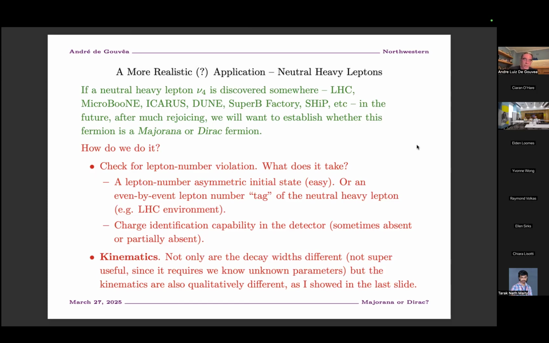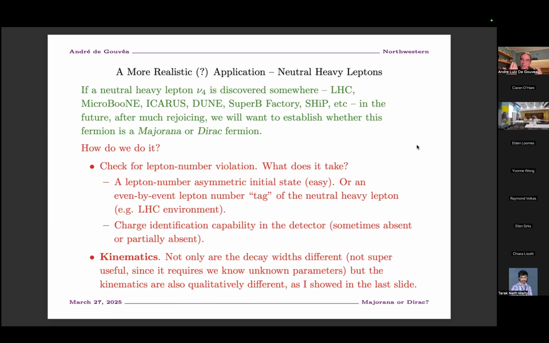As a lot of people know, looking for neutral heavy leptons is an interesting thing to do because it might have something to do with neutrino masses. It's a new particle that you can look for, et cetera. And it is part of the programs of things like the LHC and Icarus and the Dune experiment and B factories and SHIP and FASER and all kinds of experiments are looking for neutral heavy leptons.